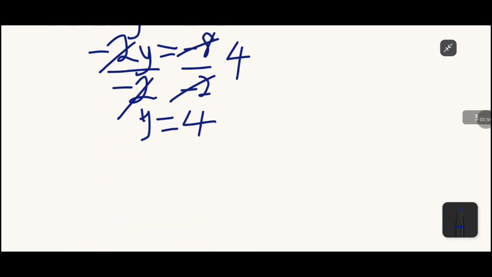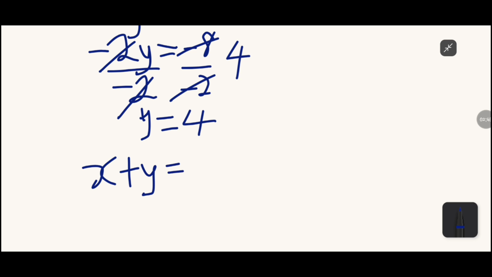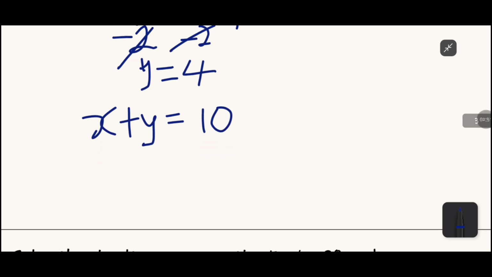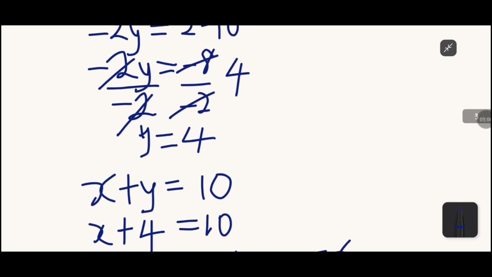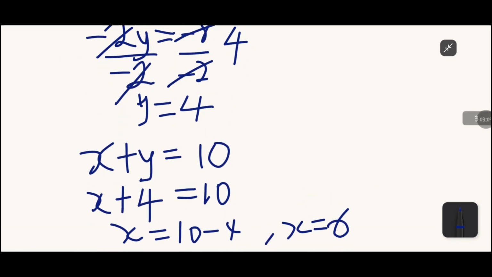So putting it into equation 1, x plus y equal to 10. So y is 4, we have x plus 4 equal to 10. So x is 10 minus 4. Therefore, x is 6. So y is 4 and x is 6.